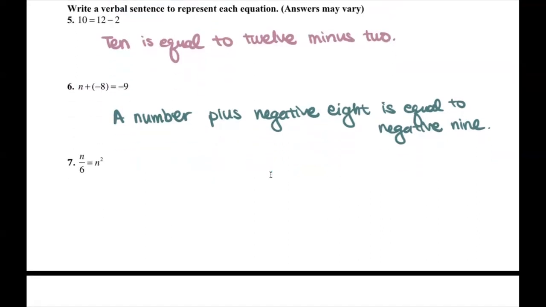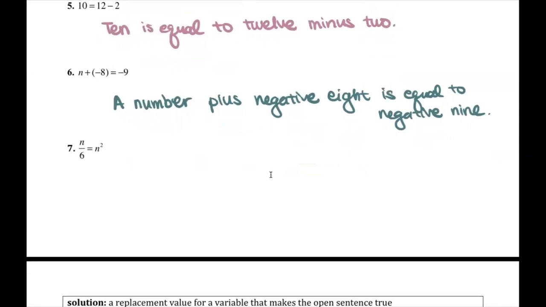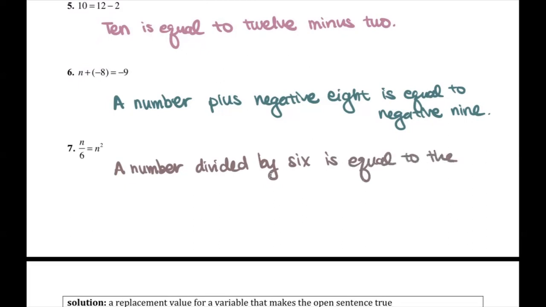All right, let's try this last one. Here I have n, a variable, so I have a number divided by 6 is equal to the same number squared.